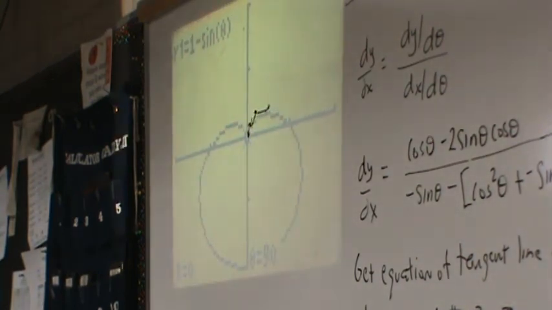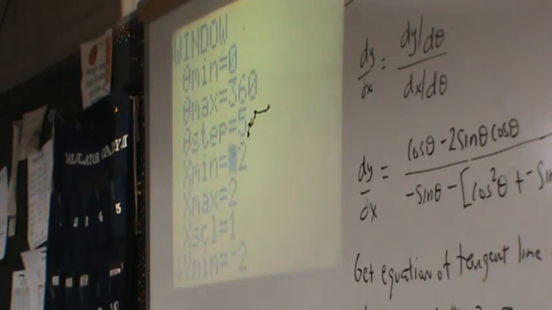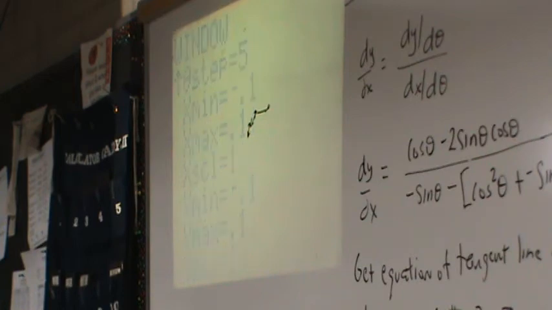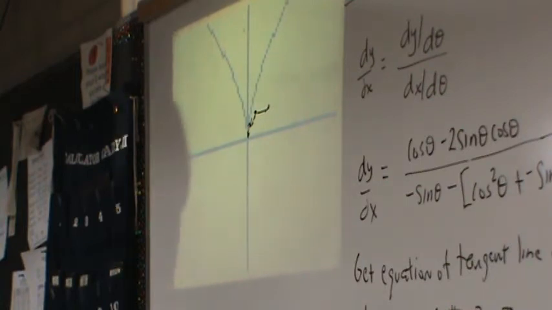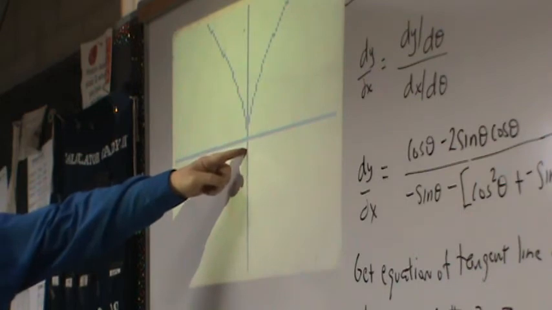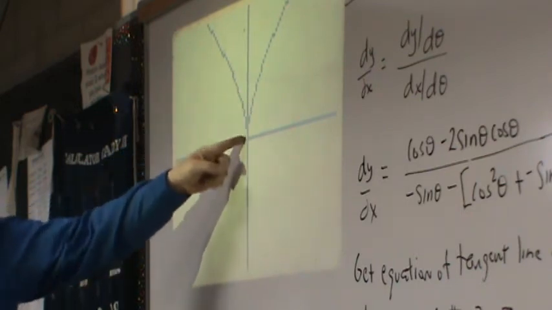Maybe it looks more obvious if I blow it up. Let me go from -0.1 to 0.1. Will that help? Okay. Do you guys see? I just took a close-up of what happens at the origin, and do you see that it ends up actually being a cusp?